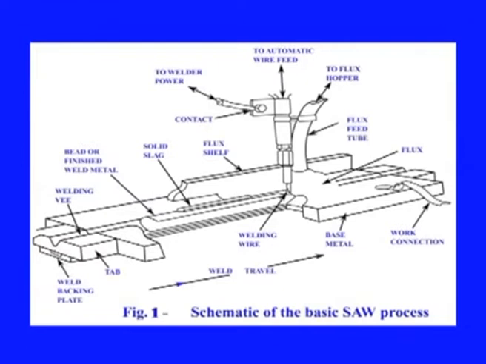Through this end, the wire will be fed into the position of the arc, and this will be the power supply to this electrode. The other point of the power will be connected to the work through this.